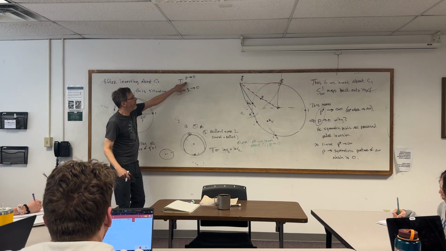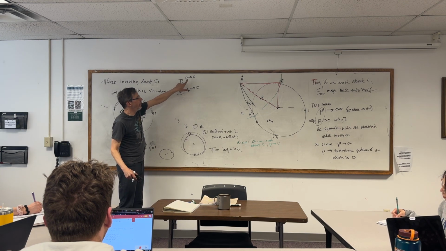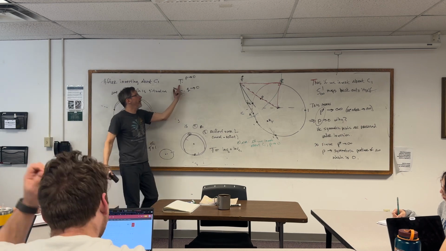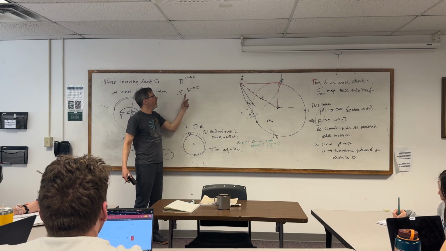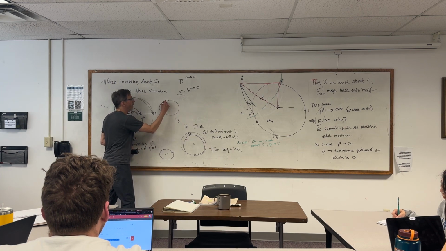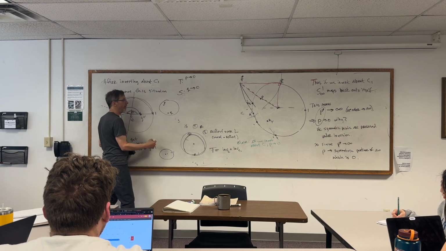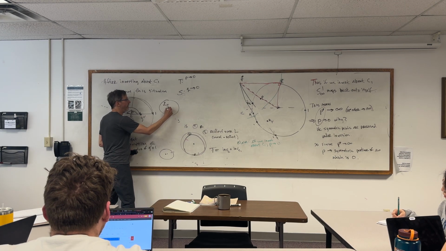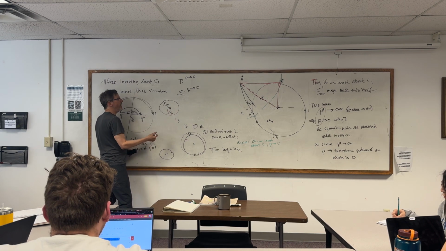Okay, we don't care about P star and 1. We don't care about anything else. We know that we can create a T that sends P to 0, and we can do a different one that sends a different point Q to 0. So we got a P, and we got a Q. And we send them both to 0. This is T, and then S does the same thing.